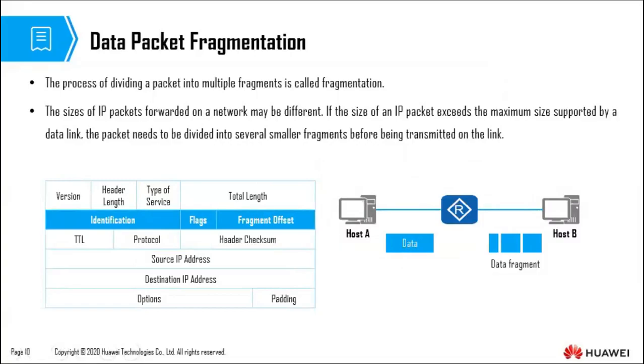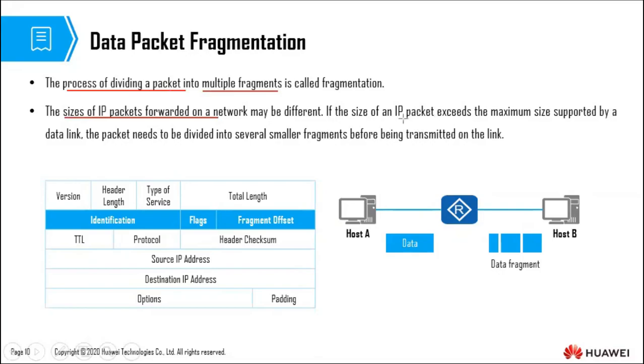Okay, so data packet fragmentation. We want to look at these three fields and how they are used. Fragmentation is the process of dividing a packet into multiple fragments. So why do I do this? Sizes of IP packets forwarded on a network may be different.